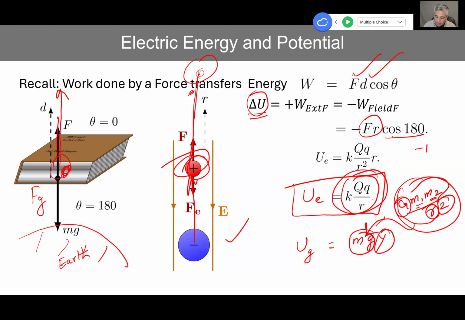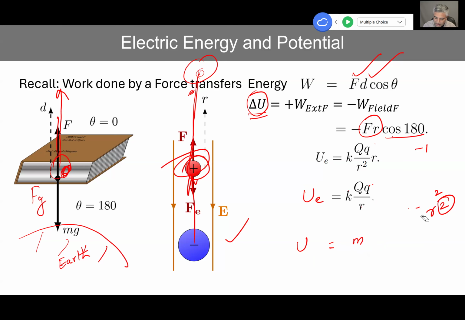Same thing here: a constant times the product of two charges divided by r. The same equation basically, okay? One is the result of masses, another one is the result of the interaction of charges. That's the only difference. Otherwise, it's the same thing. Okay, folks? So that is the electric potential energy.